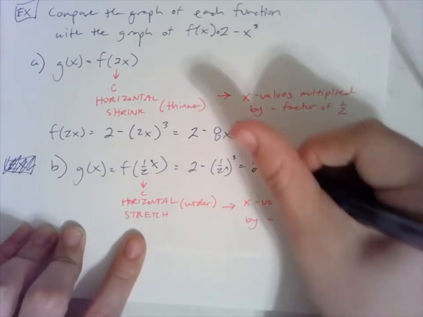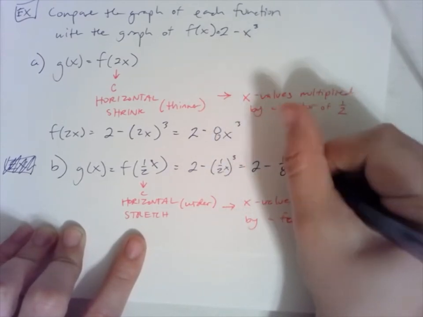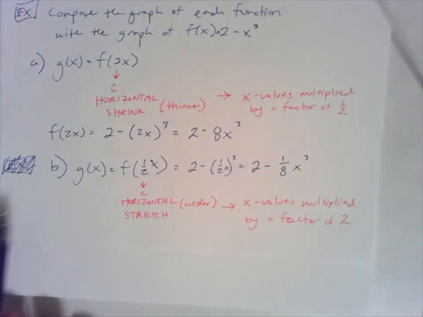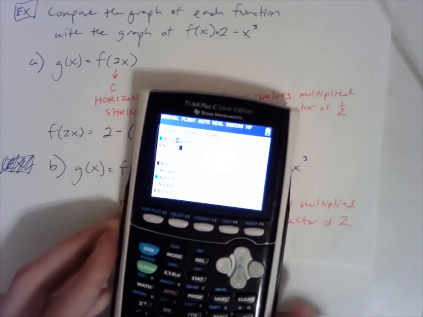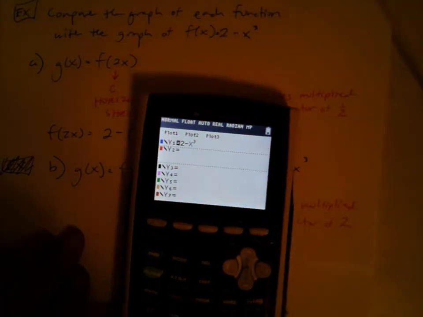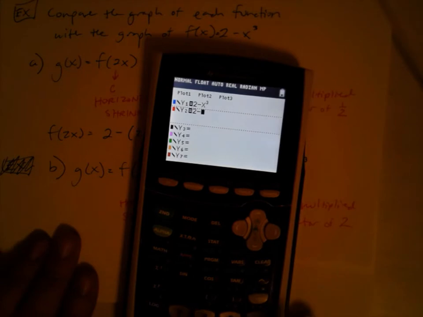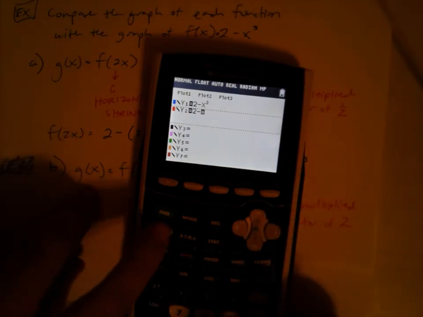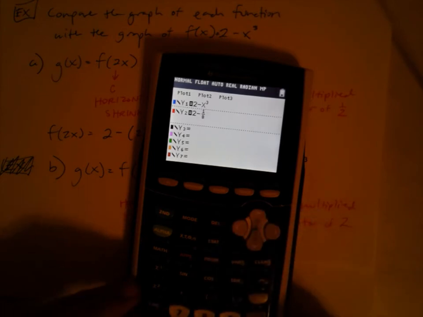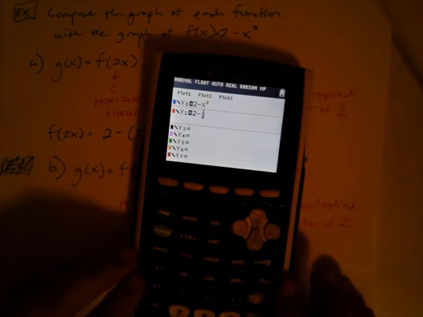Now we know what our next function is going to be. Let's substitute that in. We've still got 2 minus, but now we're going to insert a fraction, 1/8, and then x cubed, and now we graph them.